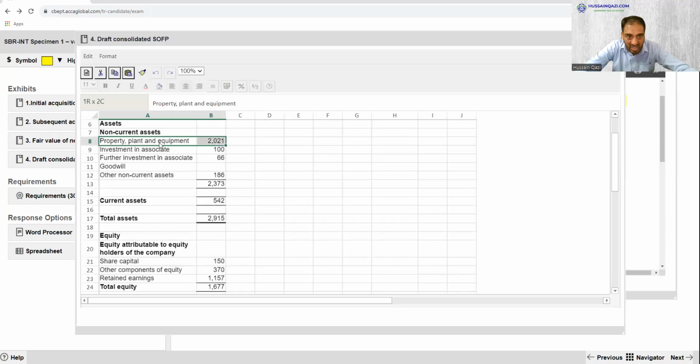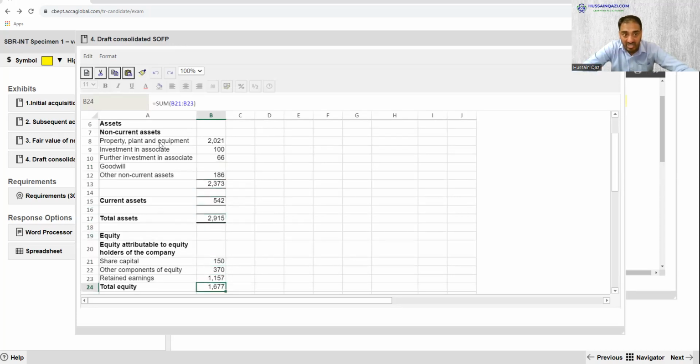In the consolidated balance sheet, there are property, plant, equipment, investment in associate, further investment, that's 166. Goodwill: other than Grin, all goodwill is impaired, but the Grin goodwill is missing here.